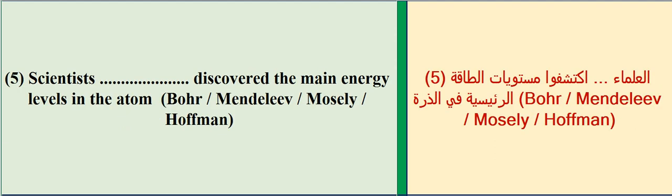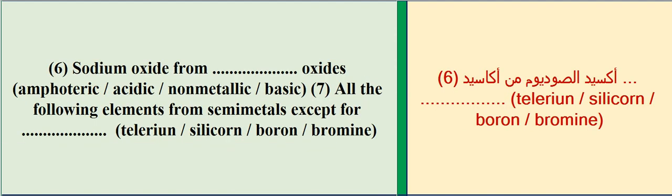5. Scientists discovered the main energy levels in the atom: Bohr / Mendeleev / Moseley / Hoffman. 6. Sodium oxide is from oxides: amphoteric / acidic / nonmetallic / basic. 7.